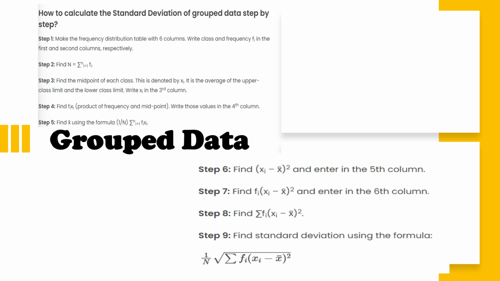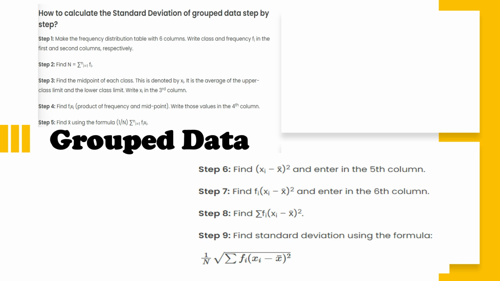Then step 5, find the mean using the formula 1 divided by n, or the total number of population, times the summation of frequency times the sample value.